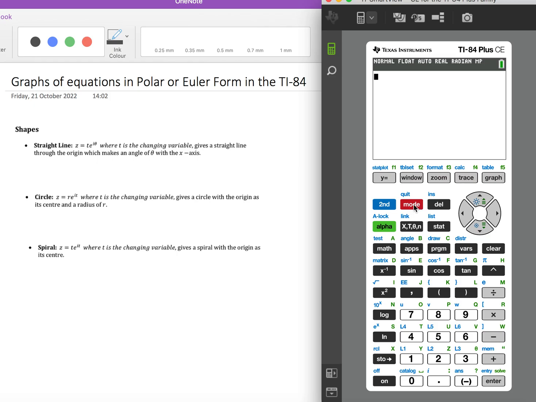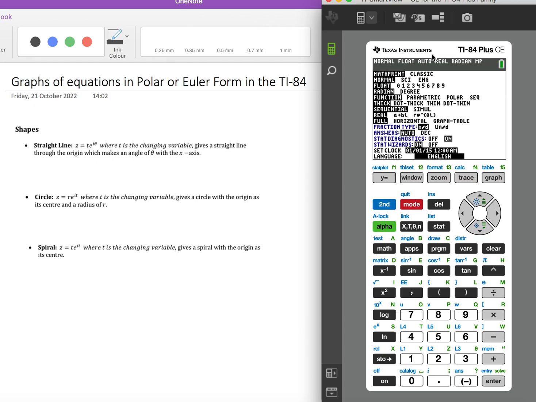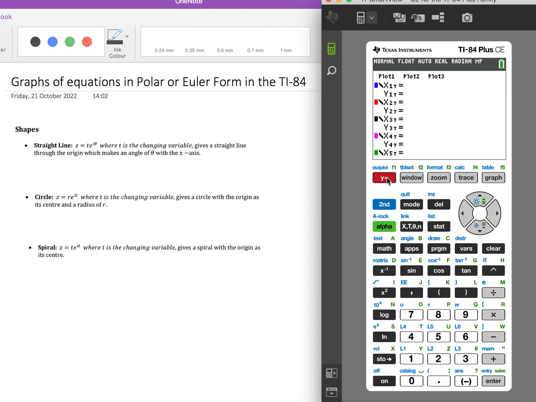So we're going to click mode and choose parametric form, and then write that equation into our function over here. That allows you all the way up to 6 functions to graph.